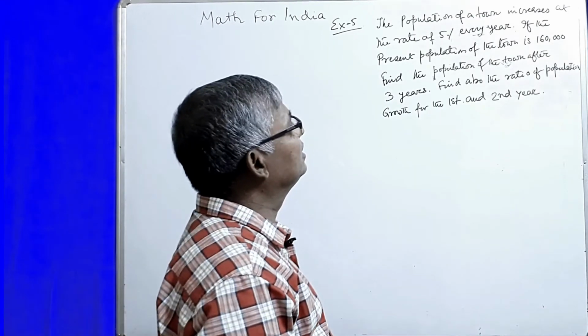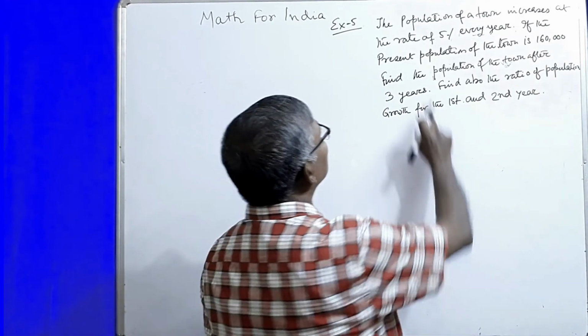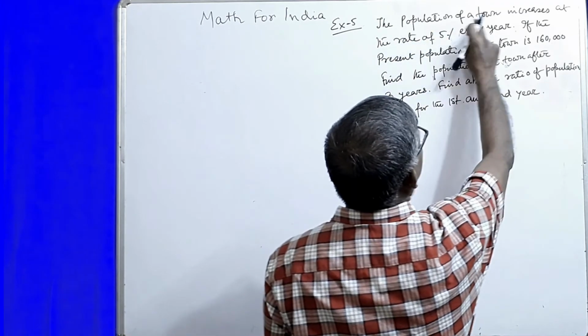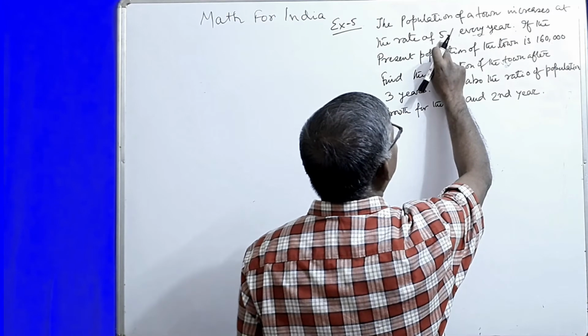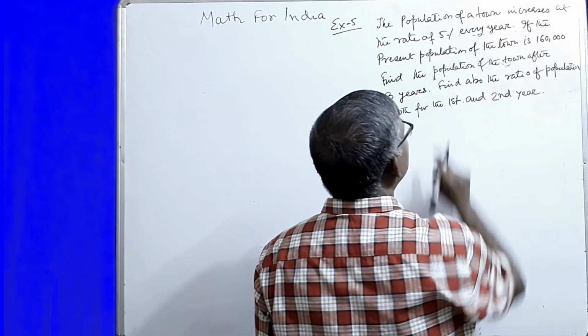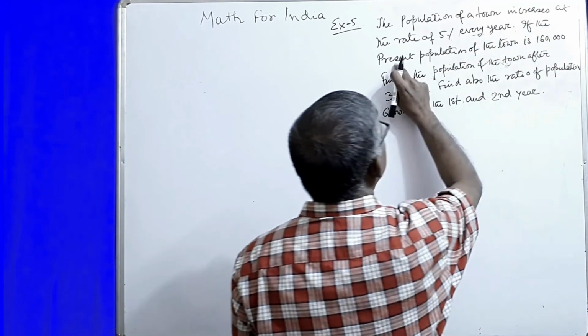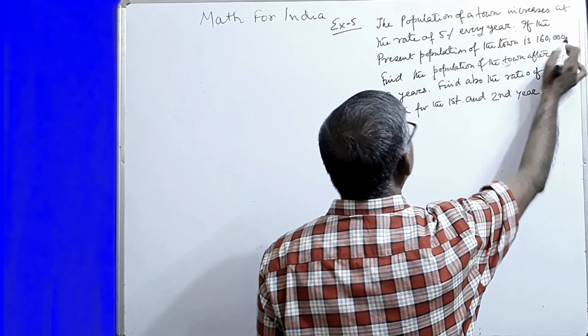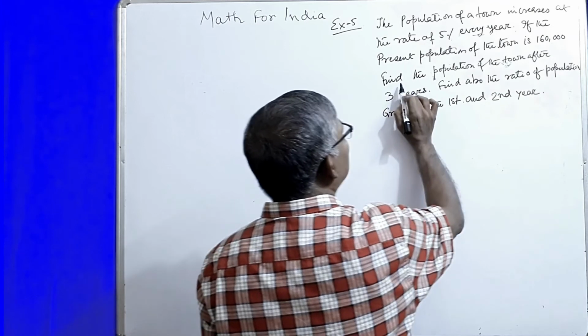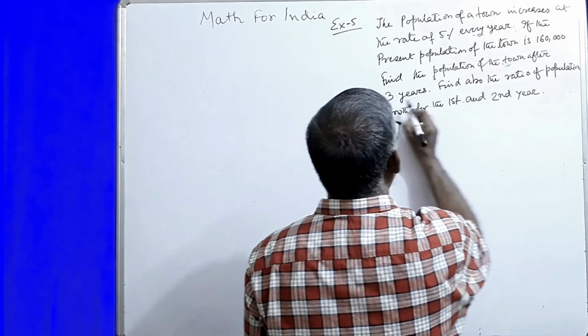Students, let us consider the problem. The population of a town increases at the rate of 5% every year. If the present population of the town is 1,60,000, find the population of the town after 3 years.